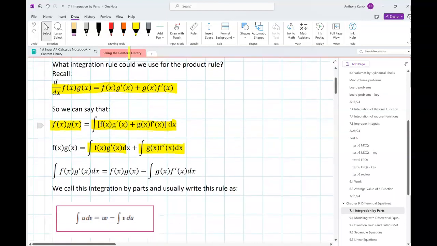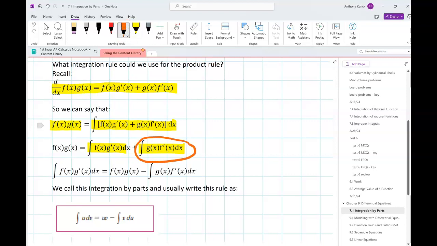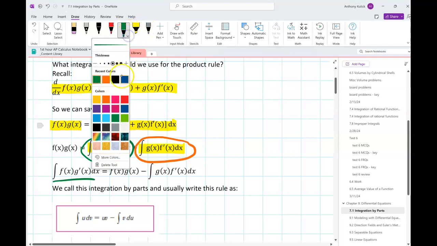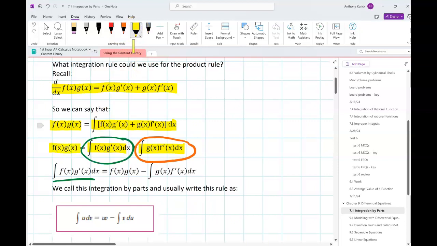And so if I subtract this piece from both sides, I have that this is equal to this guy minus that guy.